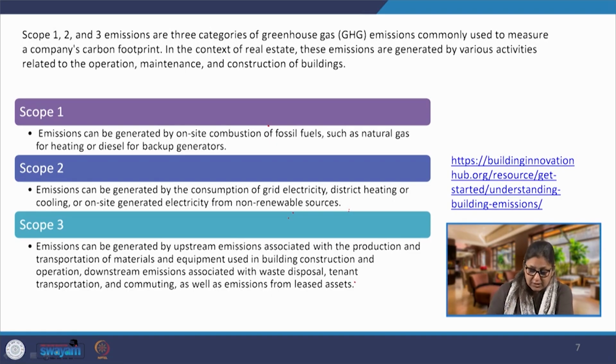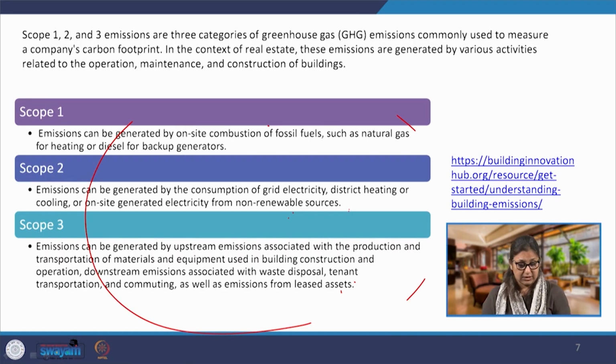And the scope 3 would be associated with production and transportation of material, equipment that are going to be used in building, construction and operation. And then the downstream one will be where we are talking about waste disposal, the transportation for tenancy purposes, for commuting and also from lease assets. So, this is where all the emissions from real estate are coming from.